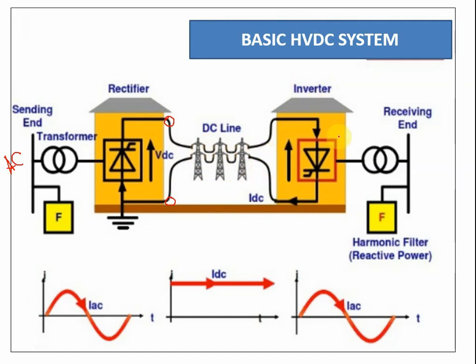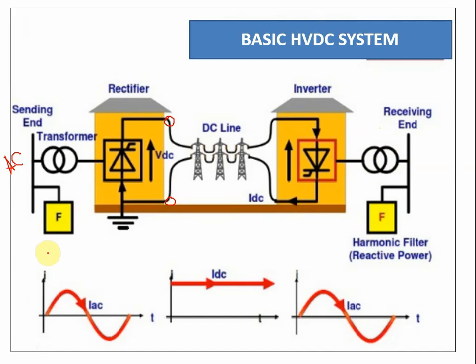This is the inverter station, where we convert that DC power into AC power with the help of thyristor bridges, thyristor valves. Here also there are filters. If the converted AC power has some harmonics, those harmonics are removed by using these filters, and this is also a special type of transformer, a converter transformer.